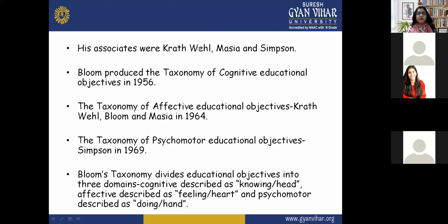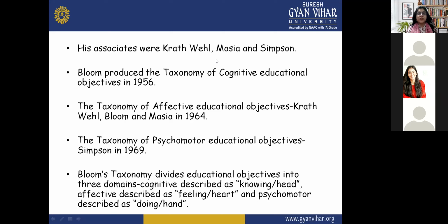And the taxonomy of affective educational objectives was produced by Krathwohl, Bloom, and Masia in 1964. So the cognitive part came in 1956, the affective part came in 1964, and then the psychomotor part came in 1969.